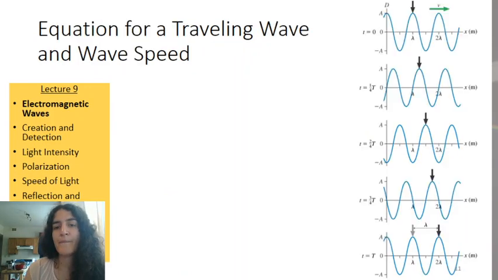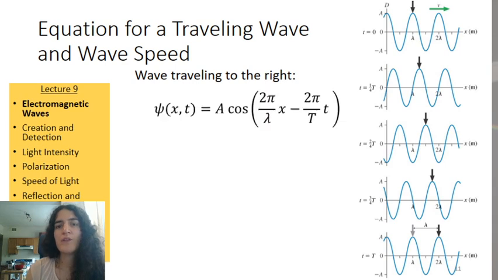So how would you write out a formula for the equation of a wave? How could you describe it? So it would be some sort of sinusoidal function. 2 pi over lambda, right, would be able to give me sort of a frequency in terms of space. 2 pi over T would give me a frequency in terms of time, right?